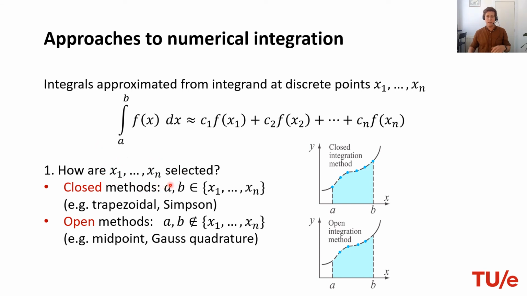And again, similar to, for instance, solving nonlinear equations, we can distinguish between closed methods, where the endpoints are included in the evaluation points. Examples here are the trapezoidal method or Simpson's method. Or open methods, where these endpoints are not included. And examples here are midpoint or Gauss quadrature, which we will also discuss within this lecture.